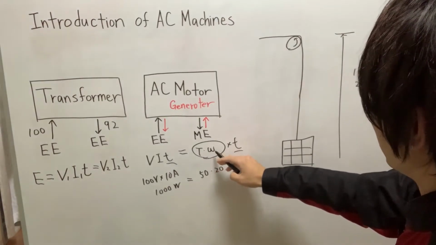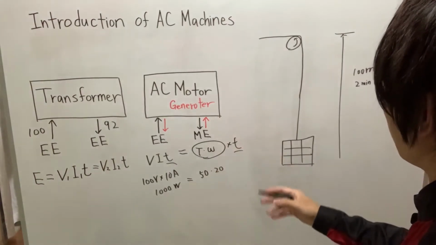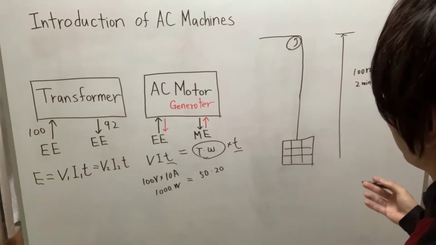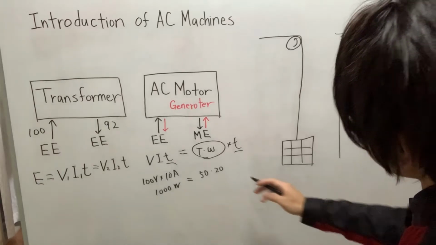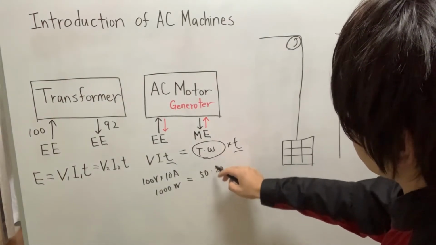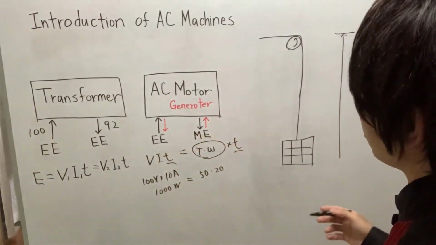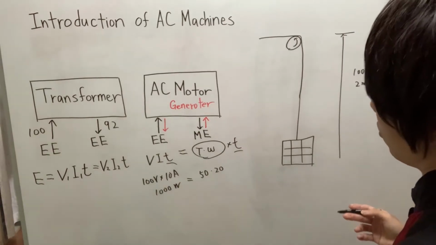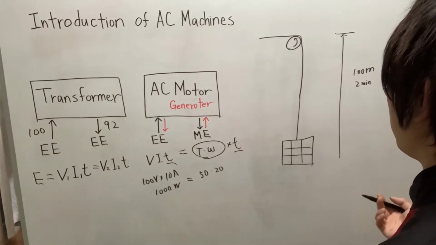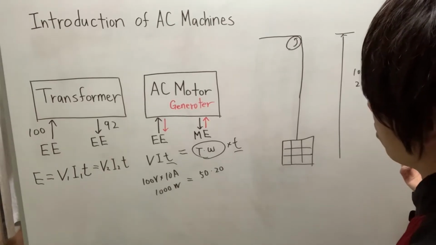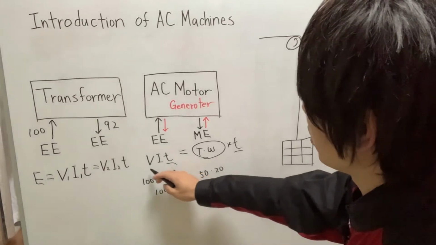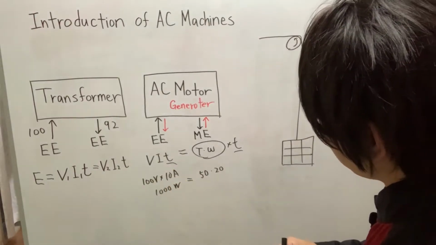Torque we know, speed we know, omega we know. Omega is how fast we move it. And voltage we also know because it's a supply voltage. So we already connect it, 100 volt or 220 volt, whatever. It's a supply voltage, so it's already fixed.